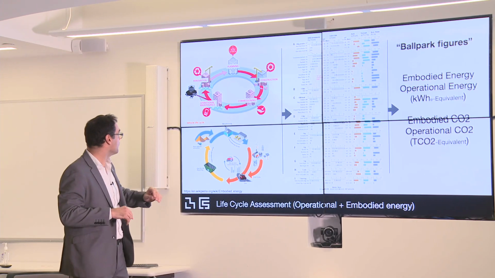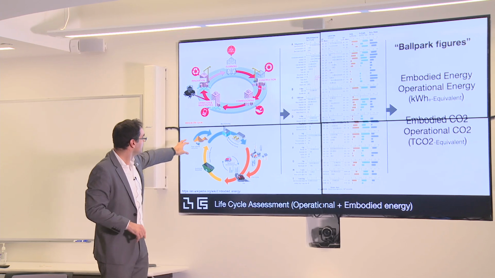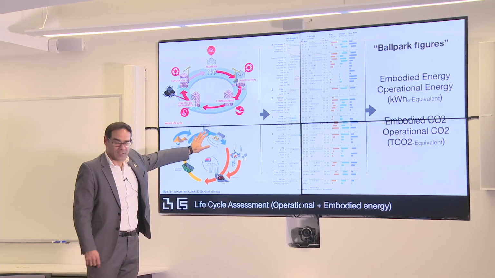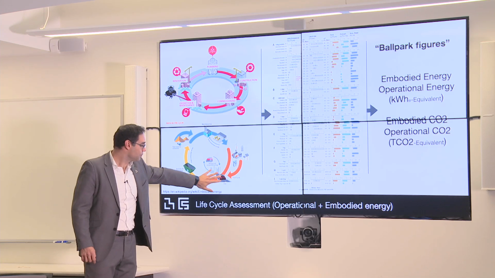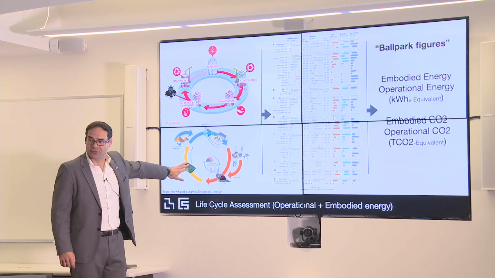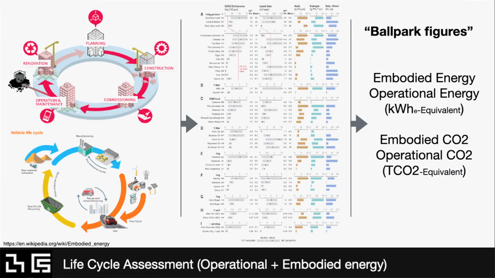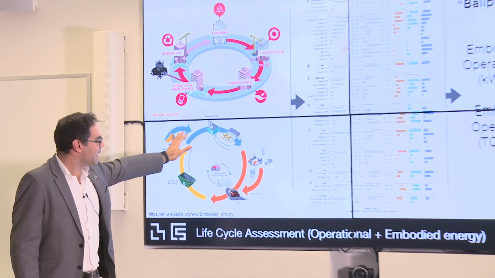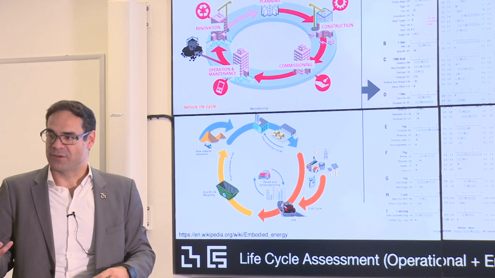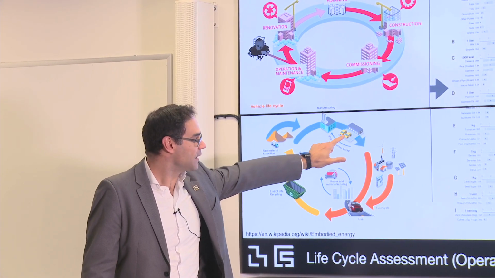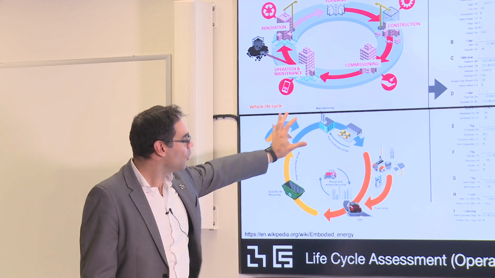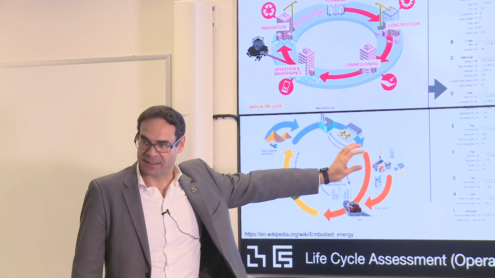From the moment you extract the material, you put it into the factory, you build the car, you put the car on the road, you use it, then you recycle or trash. In all that process, you are consuming energy, okay? You are having environmental impacts. And when you get the material and produce the car, that's embodied CO2, because this energy is producing CO2, so that car has already embodied all the energy from the extraction to building the car.